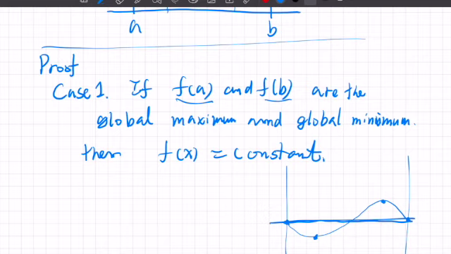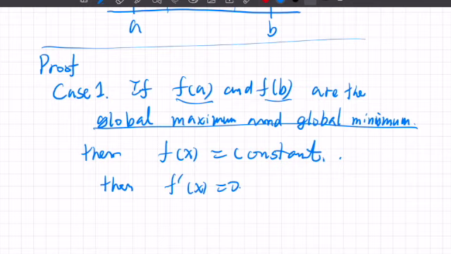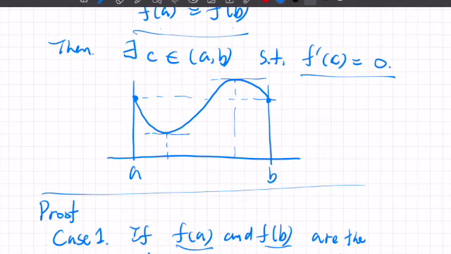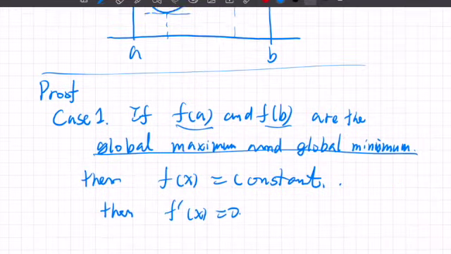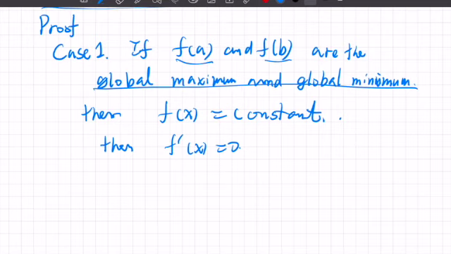But that is in contradiction with the assumption that they are global maximum and minimum. So this function must be constant, and if it's constant, then its derivative is 0. So actually all the values within this interval have this property. Okay, so that's case 1.